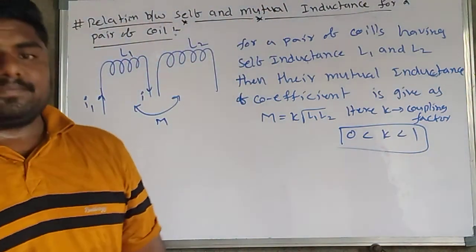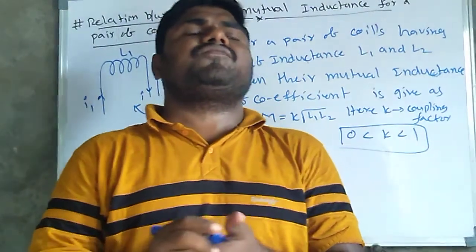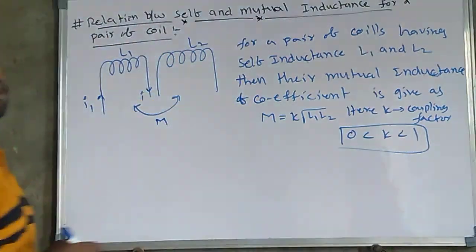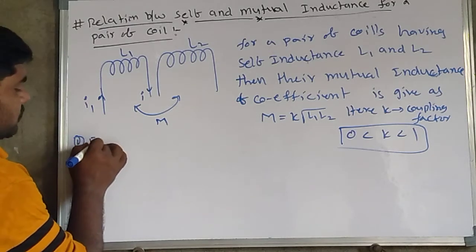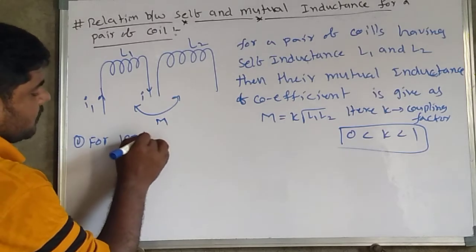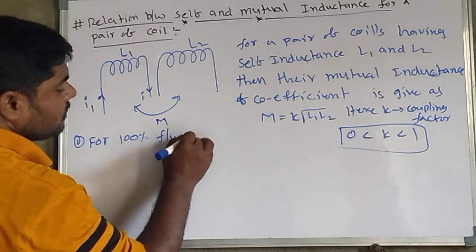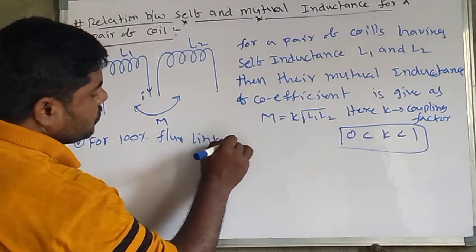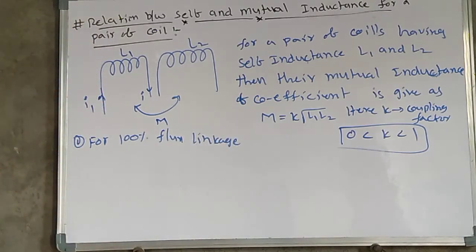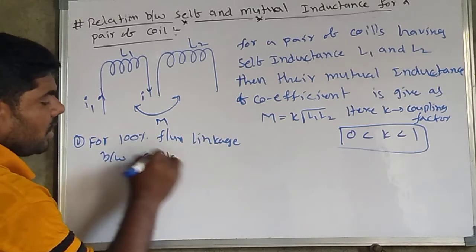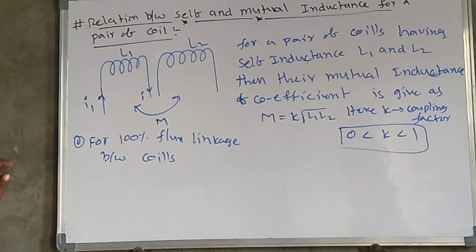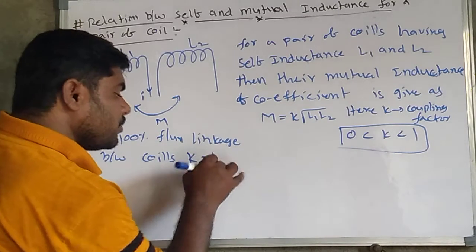The very first point: for 100% flux linkage between coils, in this situation K is equal to 1.